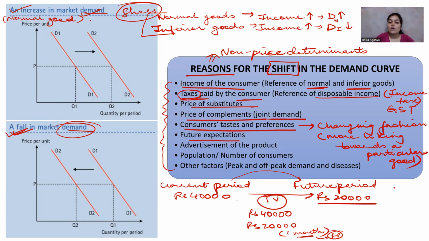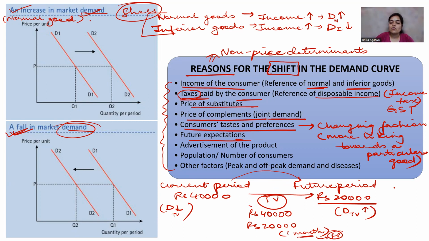So at 40,000 price, you will reduce your demand for TV. And in the future period, the demand for TV will rise. So this is one of the examples of future and current period. That is, if you are expecting a positive point in future, you will cater to same analysis in today's period, irrespective of the different factors that you have.